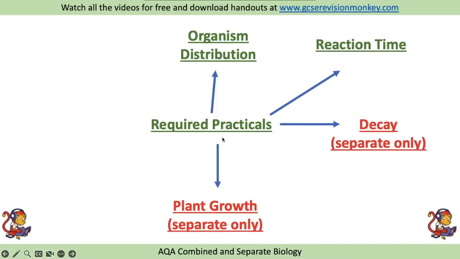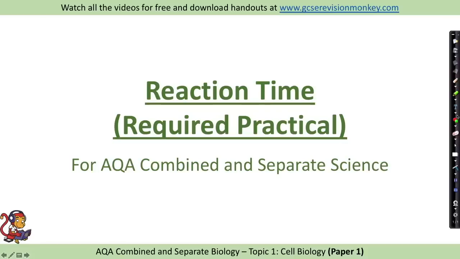So the required practicals for separate science are organism distribution, so quadrats and transects, reaction time required practical, the decay required practical, and the plant growth required practical. Reaction time required practical. As reaction time is so quick, it's very difficult to measure with a stopwatch.